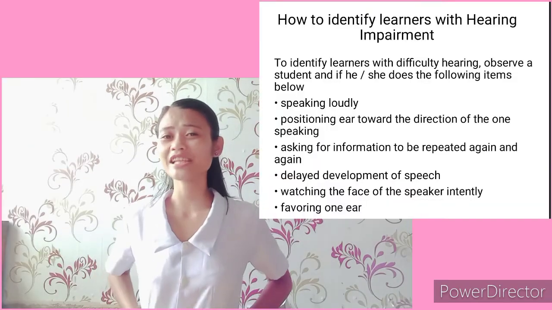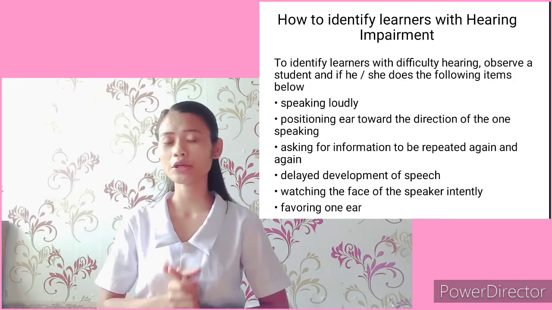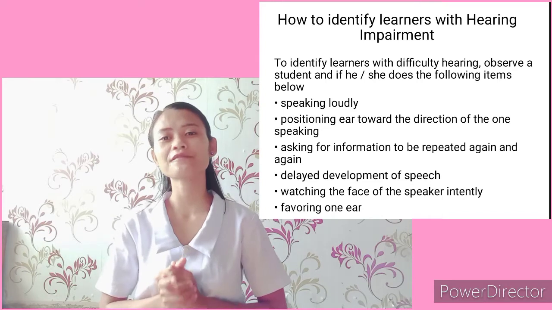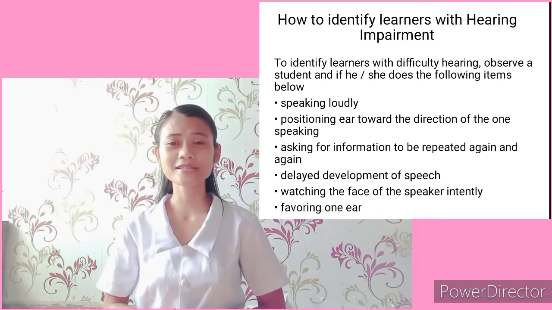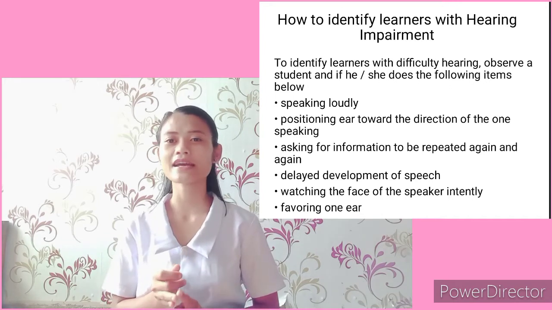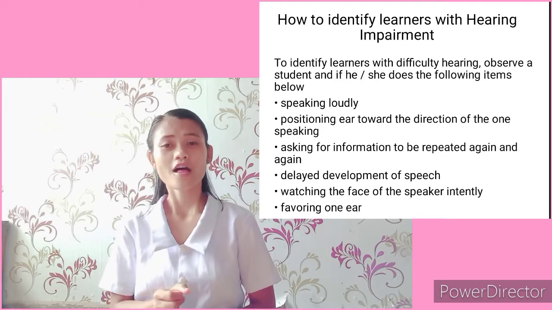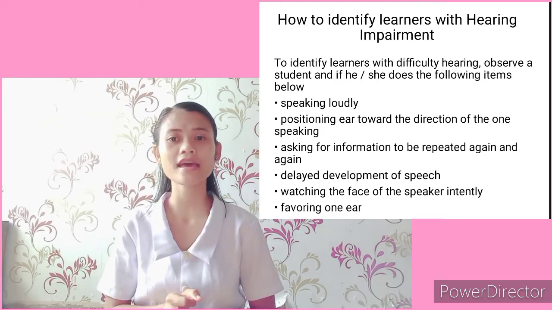So how to identify learners with hearing impairment? To identify learners with difficulty hearing, observe the student and see if he or she does the following. First is speaking loudly. Second, positioning the ear toward the direction of the one speaking. Third is asking for information to be repeated again and again.